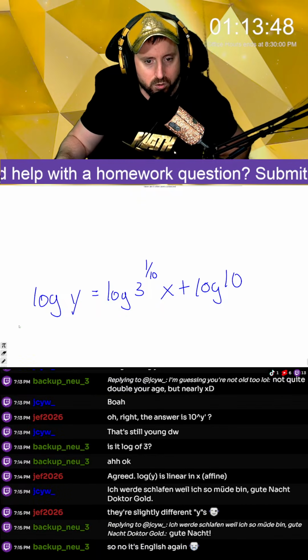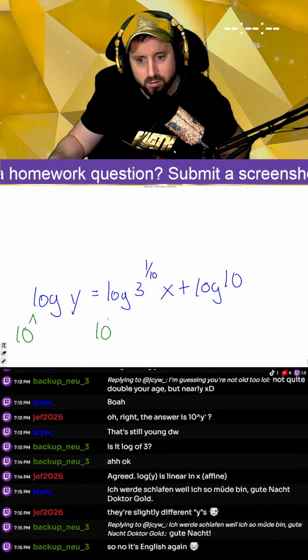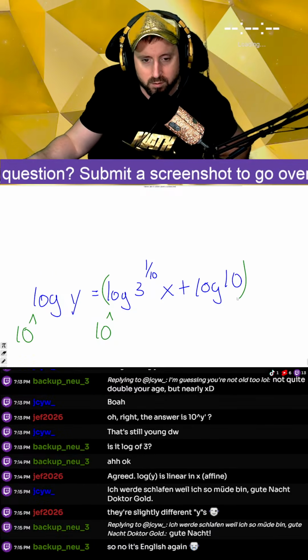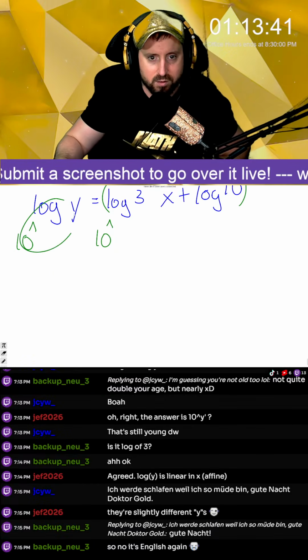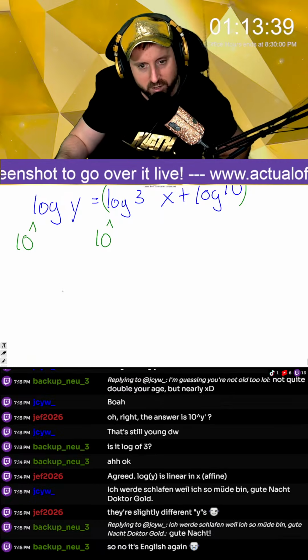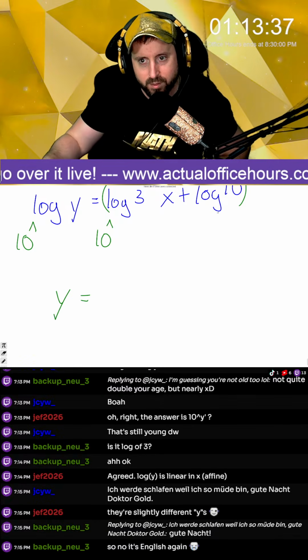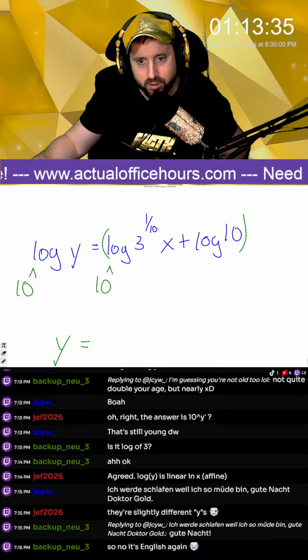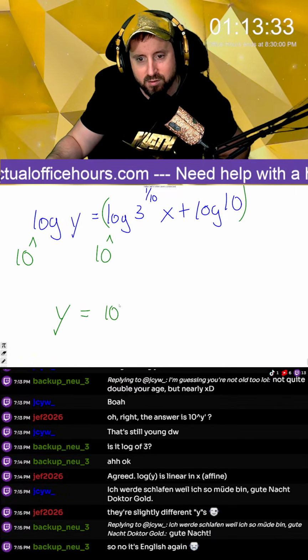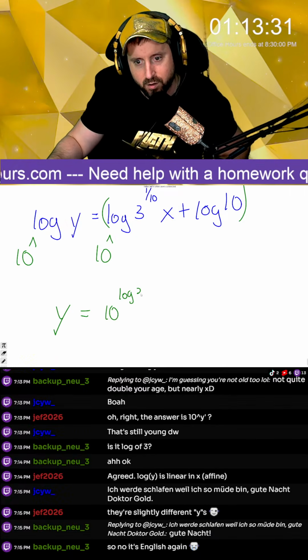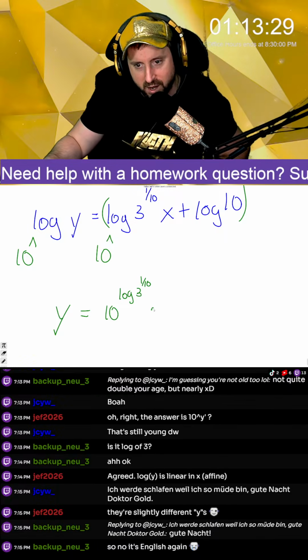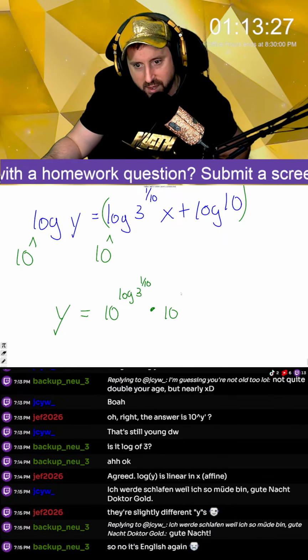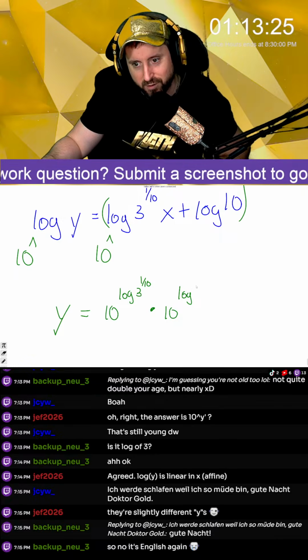So then what you do is you do 10 to the... Okay. This 10 to the log base 10 of y is just y. This, by exponent rules, is the same thing as 10 to the log of 3 to the 1/10 times 10 to the log of 10.